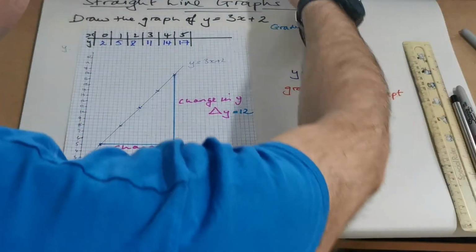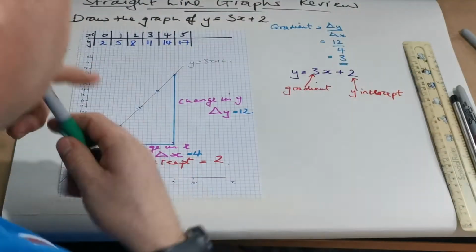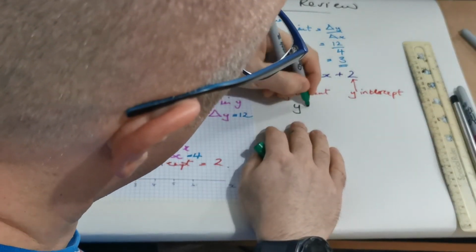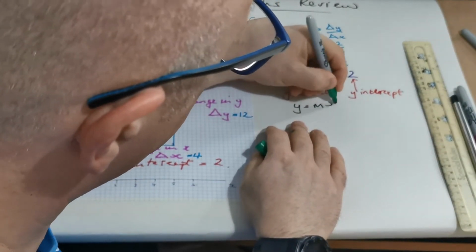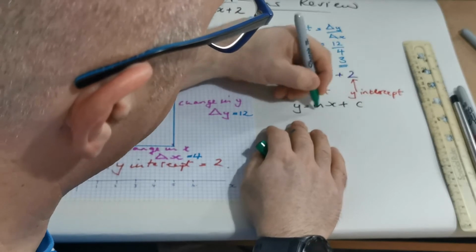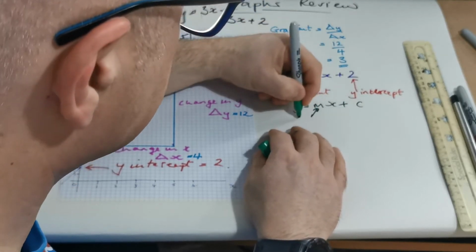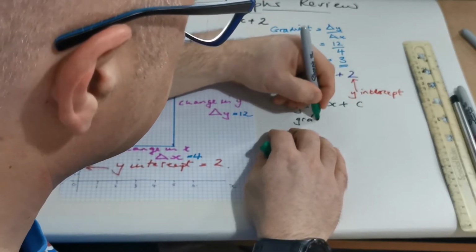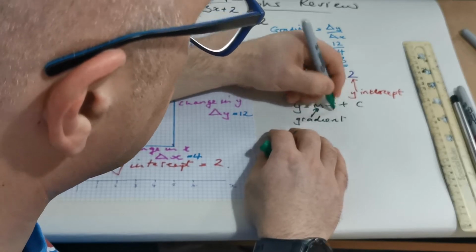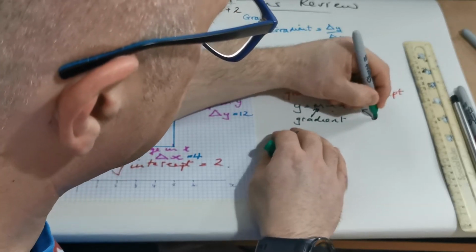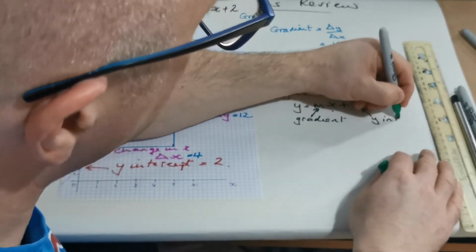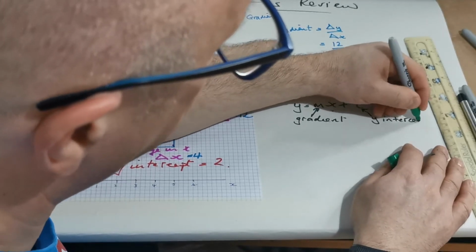So we have a general form of the equation which we call y equals mx plus c, and this always stands for the gradient, and this always stands for the y-intercept. And that's sometimes just called the intercept.